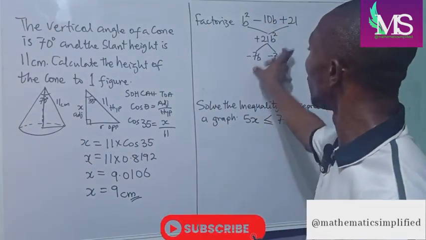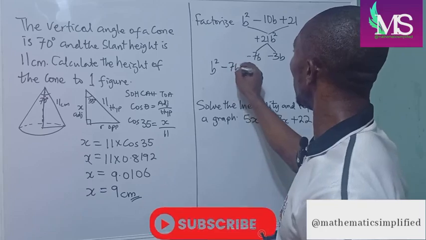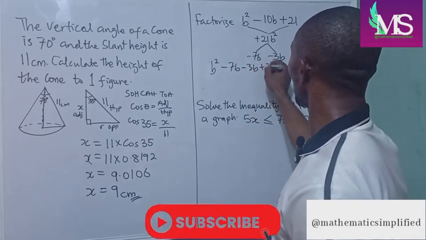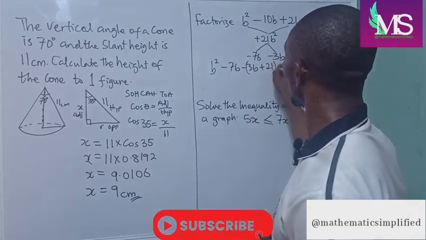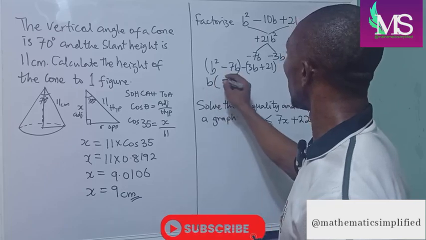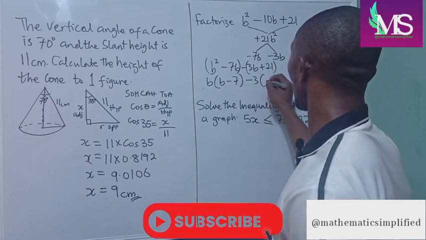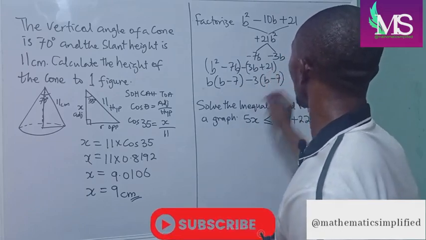So now using this to open up, we have b squared minus 7b minus 3b plus 21. So factorize these two, group these two together. What's common here? b. b minus 7. What's common here? 3. b minus 7.